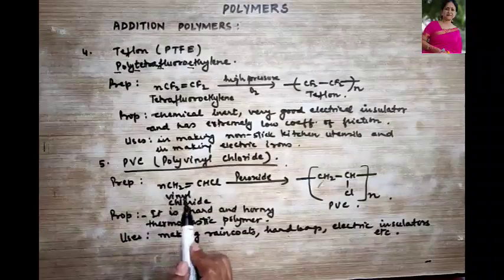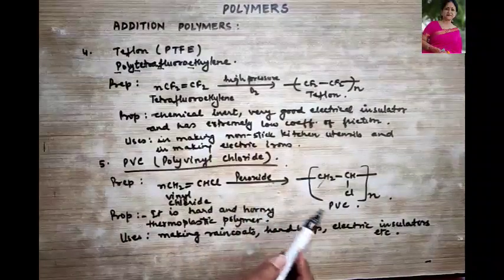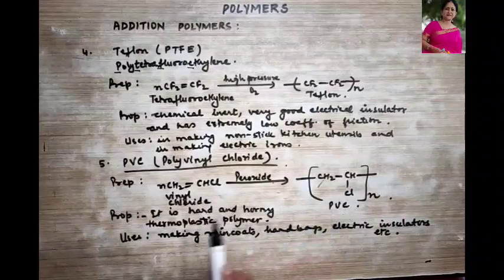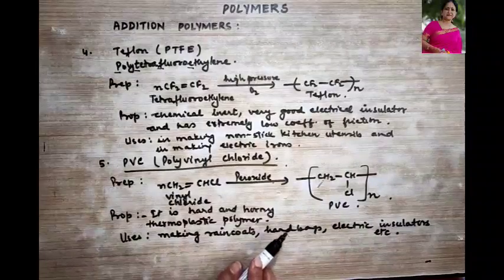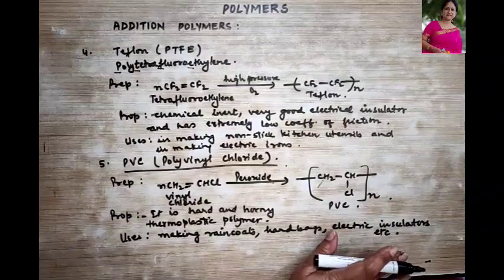It is made up of vinyl chloride, which under peroxide it is polymerized to give us PVC, that is polyvinyl chloride, which is hard and horny thermoplastic polymer. And where all is it used? It is used for making raincoats, the handbags, even electric insulators, etc.